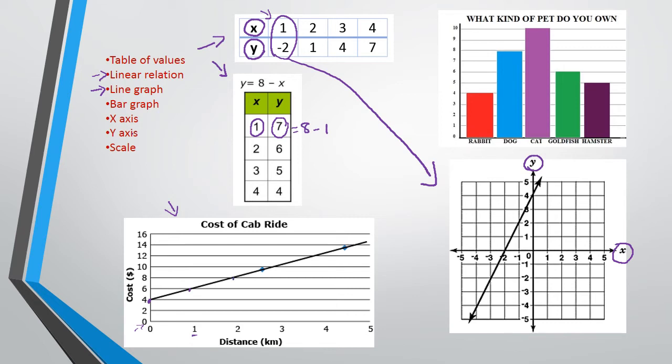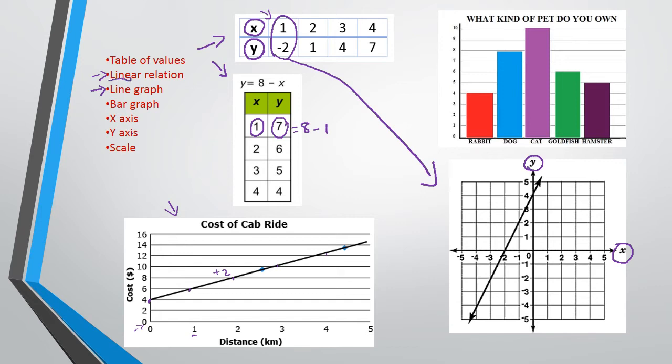So it looks like it's adding $2 every time you go up. For 3, now we're at 10. For 4, oh, might be a little bit more than $2, maybe $2.25. It's not exactly $12, is it? Okay, but anyways, the cost of a cab ride can be shown with a line.